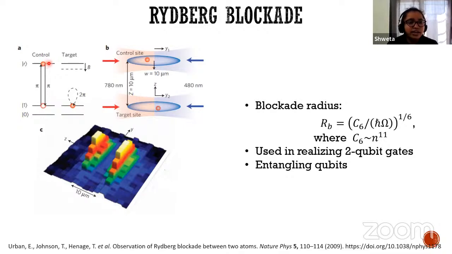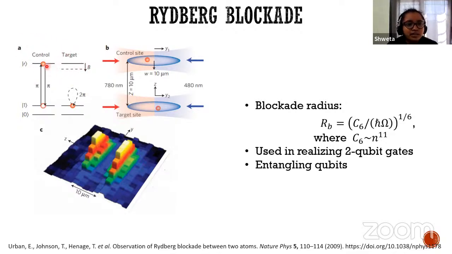It introduces a shift in the Rydberg level of the second atom, the target atom, which is in the vicinity within its Rydberg blockade radius, such that when the target atom is required to jump to the Rydberg level, it can't do it. It's blockaded from going to its Rydberg level. That is the phenomenon of Rydberg blockade.